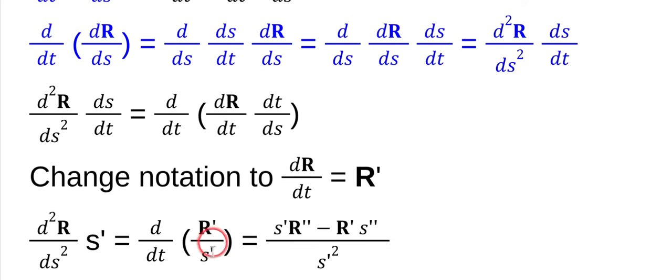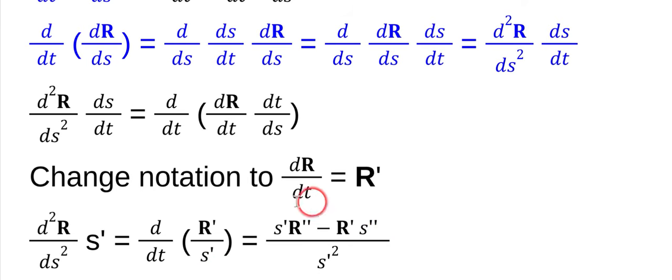That's the reason I did this, because this equation becomes very messy. So we use the quotient rule here, or you can put s prime up here with a -1 and use the product rule; you get the same answer. It's the denominator times the derivative of the numerator, so it's s prime r double prime, minus the numerator times the derivative of the denominator, r prime s double prime, divided by the denominator squared.